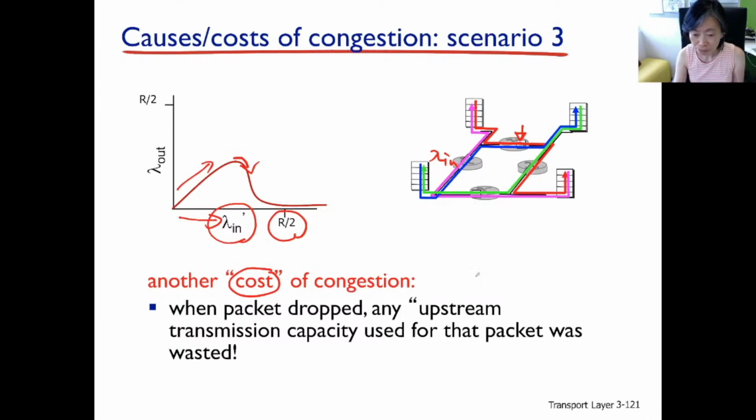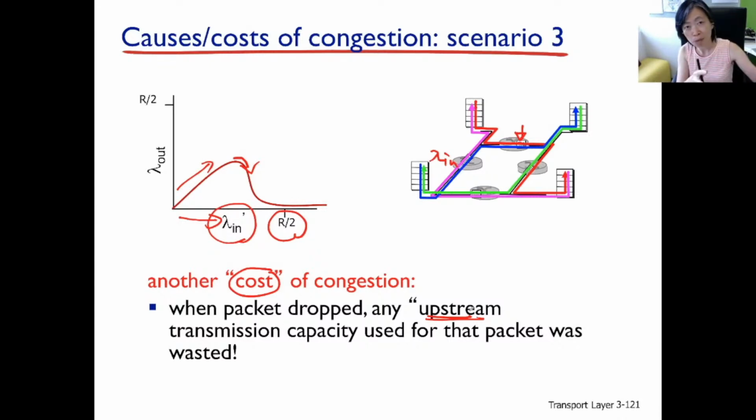Because what? The bandwidth that is transmitting these packets when they're traveling upstream is all wasted. The amount of waste is actually not quite comparable to retransmission or unnecessary retransmission. Those are probably very small. Therefore, in the lambda in and lambda out plot we saw earlier, the margin is very small.